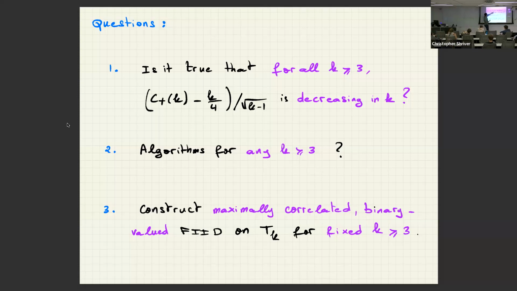Here I subtracted the trivial term and divided by what you can call the standard deviation if you'd like. And then you get something non-trivial happening. And you can try to draw this as a function of K. Of course, since we don't know the exact value, I just looked at the upper and lower bounds. And they're decreasing, so perhaps it does look like this. So that's one question: can you show that this is a decreasing function?